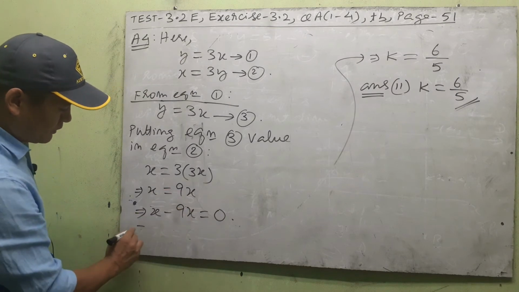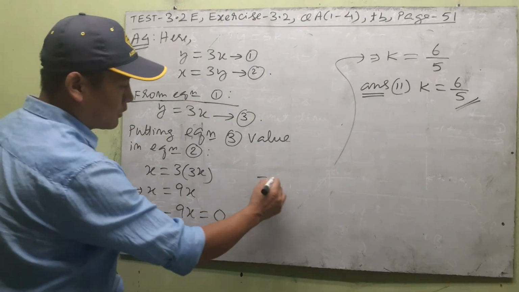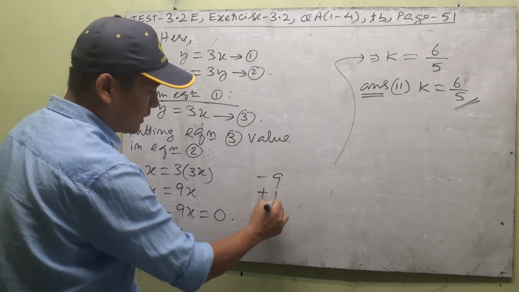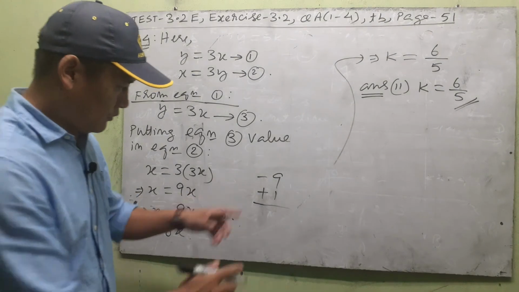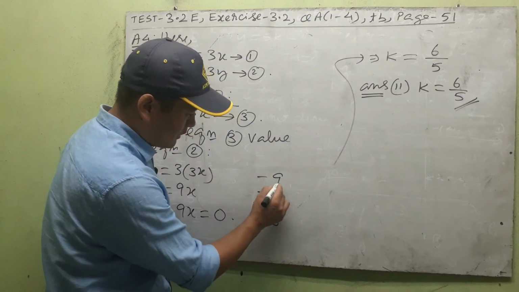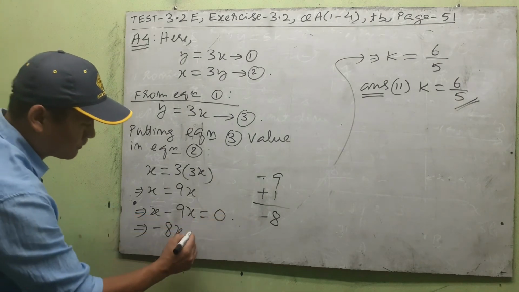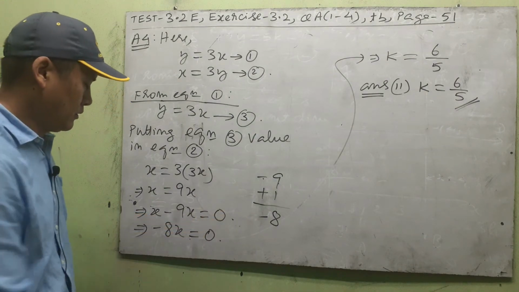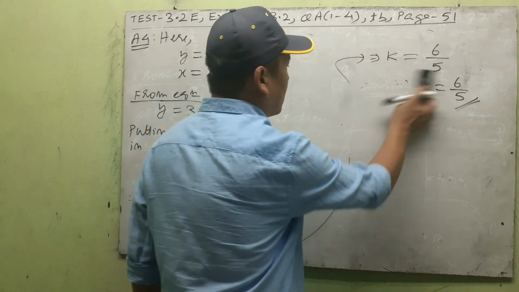Nothing left on the right side. x minus 9x is minus 8x, because minus 9 has the bigger absolute value, plus 1 the smaller; no sign means plus. So subtraction, 9 minus 1 is 8, and the bigger absolute value has minus, so minus 8x is equal to 0.